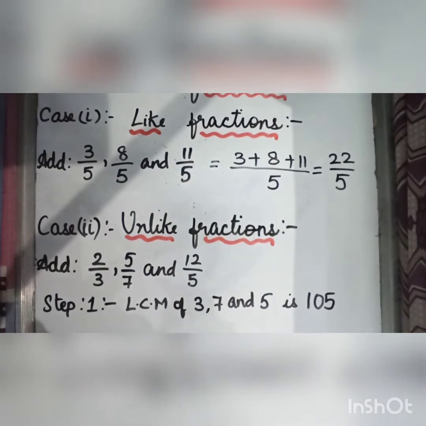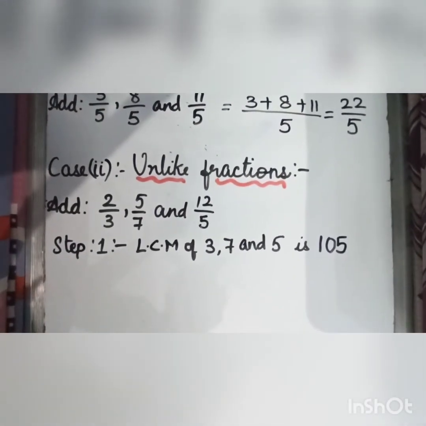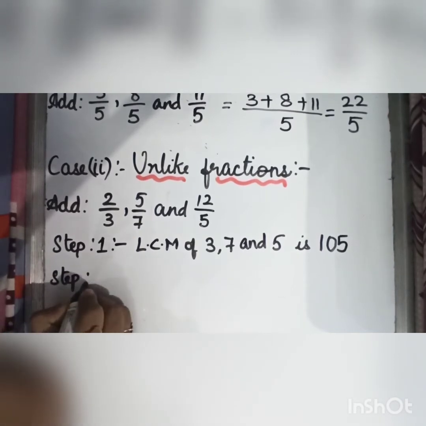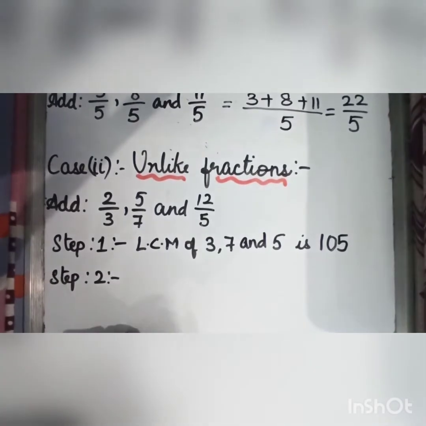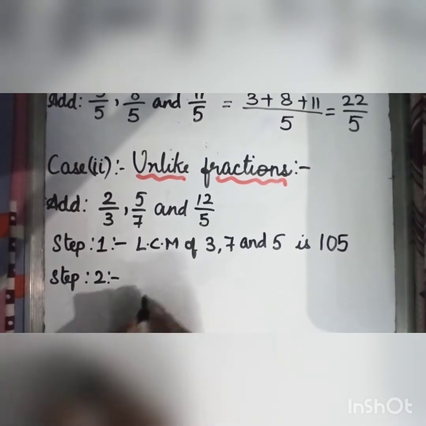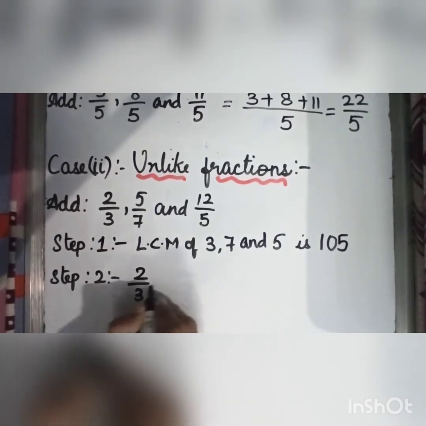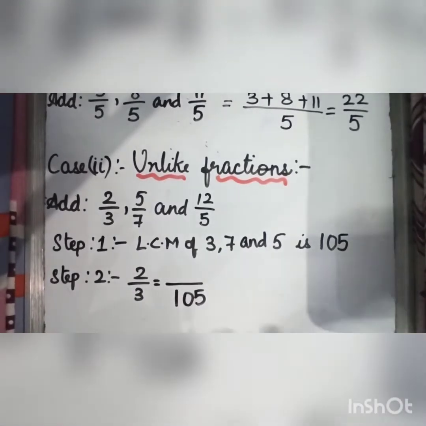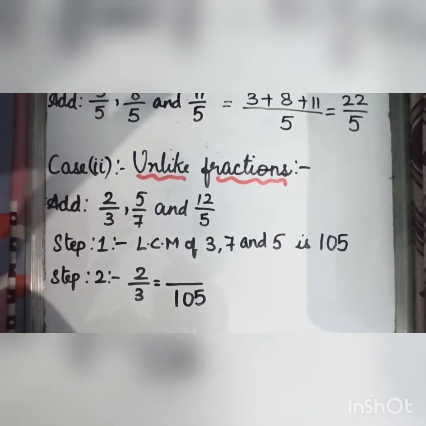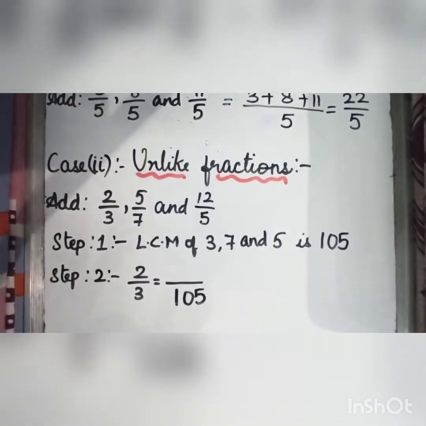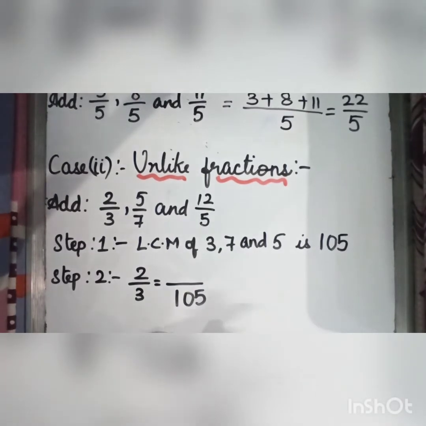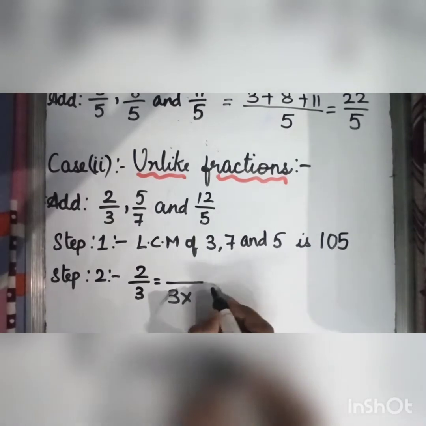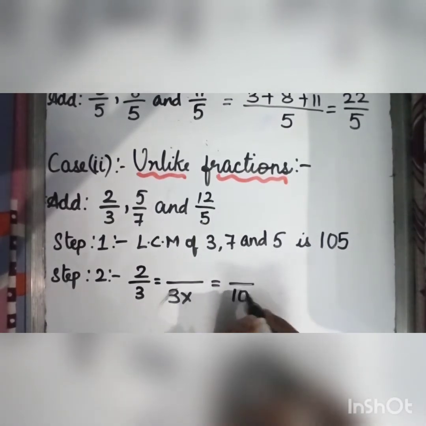Next, the second step will be making the denominators same. How do we make the denominator same? 2 by 3 should be converted into a fraction which has denominator 105. When I have to convert 3 into 105, I have to multiply 3 by something to get the denominator 105.